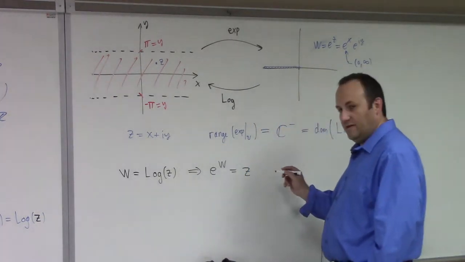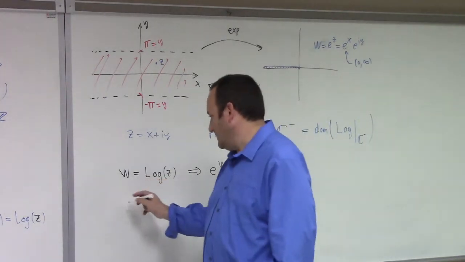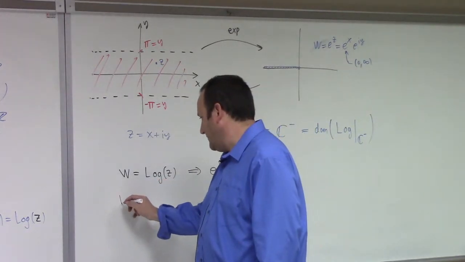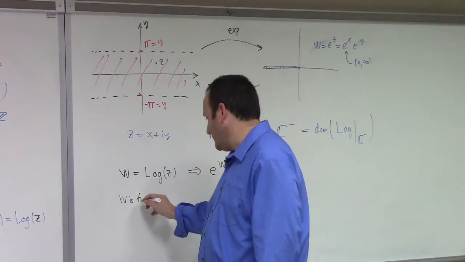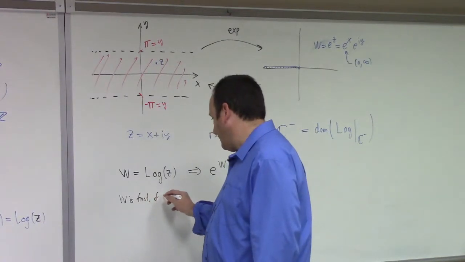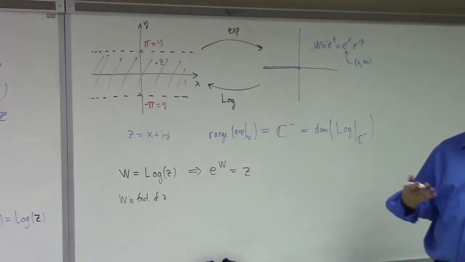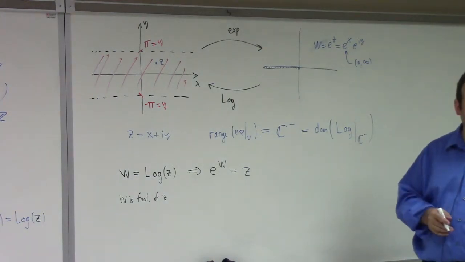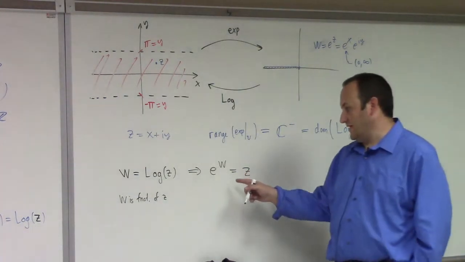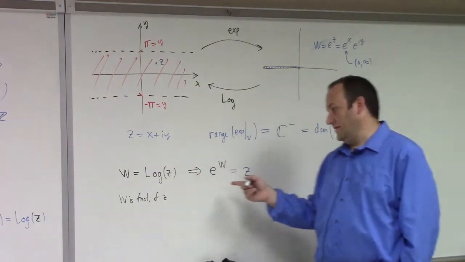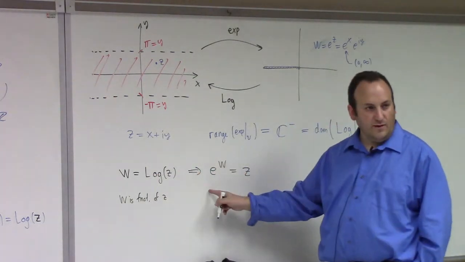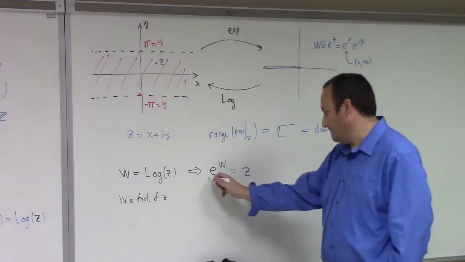And by the way, w is a function of z. So if you look at all the theorems we have here, we can do implicit differentiation. So I'm taking the exponential of both sides, and then if I differentiate this equation with respect to z, what do I get?